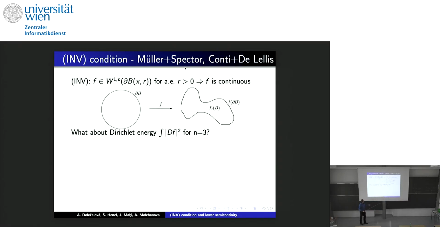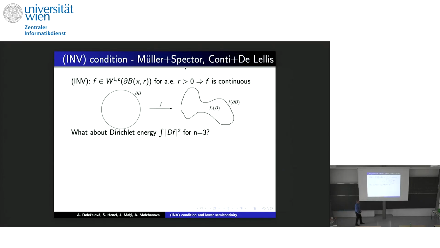If you have this, you really know what is inside and what is outside. Formally, the degree is non-zero, or the degree is zero. I say that the mapping satisfies the INV condition if for any point and almost all radii, what is inside is mapped inside the image of the sphere, and what is outside is mapped outside of the image of the sphere. This is really nice, as we have seen in the previous works.